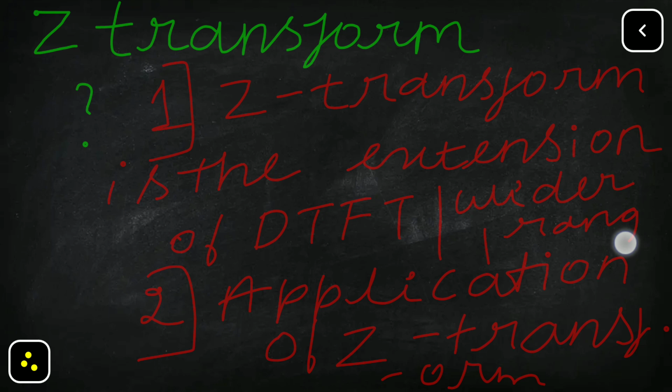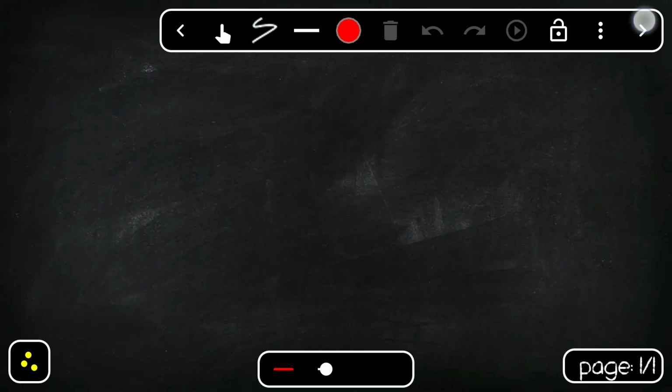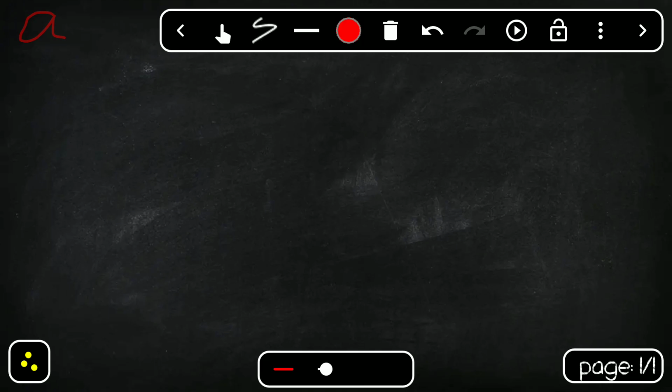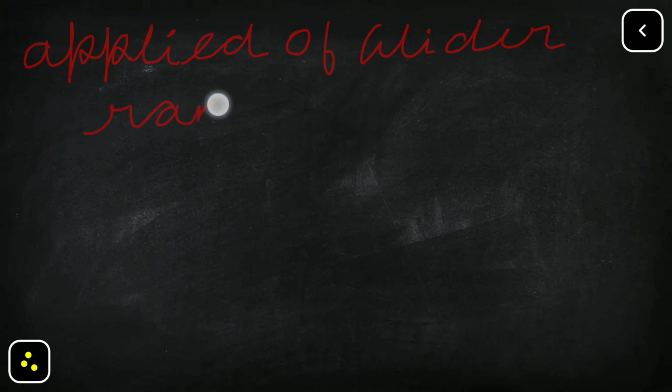Why a wider range of signals? It is because I'm going to showcase that also. So it is applied for a wider range of signals, right? Why is it applied to a wider range of signals? Because in the case of your DTFT, many signals don't converge.